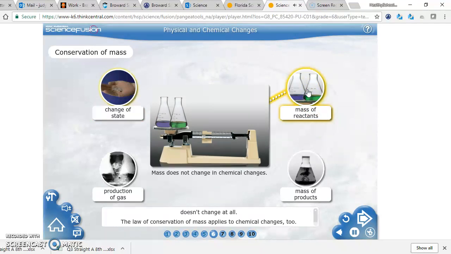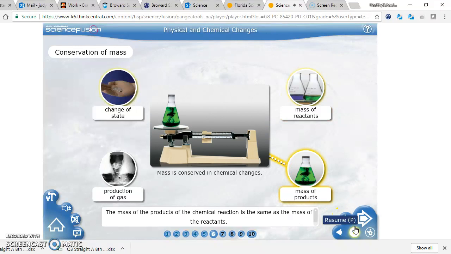The law of conservation of mass applies to chemical changes too. This photo shows the mass of the reactants before a chemical reaction happens. Click the next image to see the mass after the products are formed.